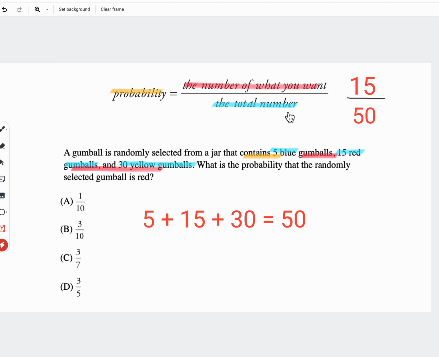Let's notice that this is not a choice in our answer choices, so we will need to reduce the fraction. We'll notice that both the numerator and the denominator are multiples of 5.